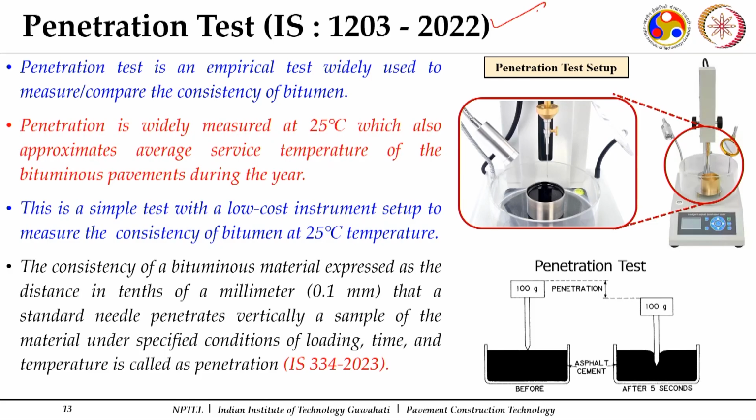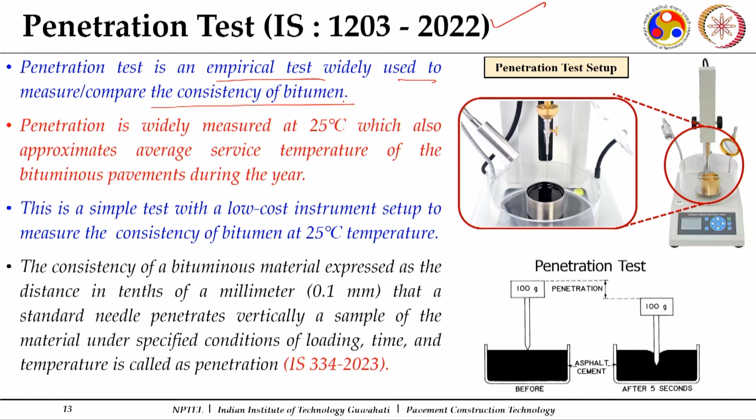The 60 degrees gives an idea of the viscosity of the binder during its service life, at the maximum temperature which can be expected, and 135 gives you an idea how the binder will behave during production, because it has to coat the aggregates in a uniform manner. Now, another test which is quite common for measuring the consistency or fluidity of binder is the penetration test. It is an empirical test and is widely used to measure the consistency of bitumen.